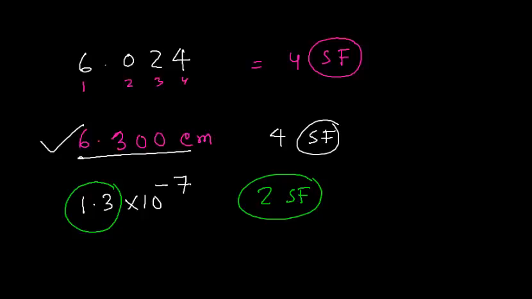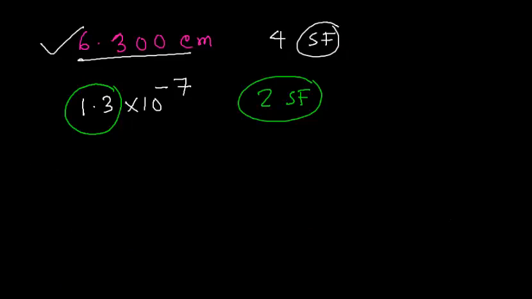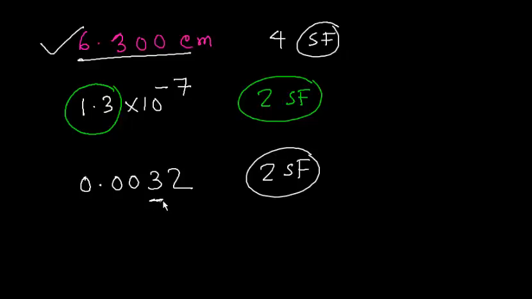Similarly, if I have another number, say 0.0032. So this has actually two significant figures only, this one and this one.